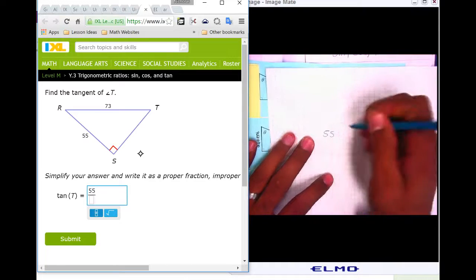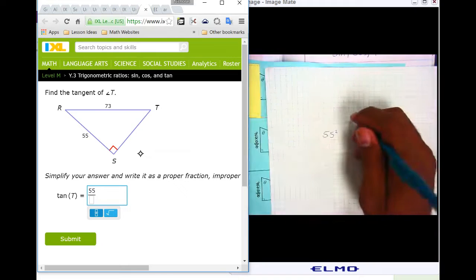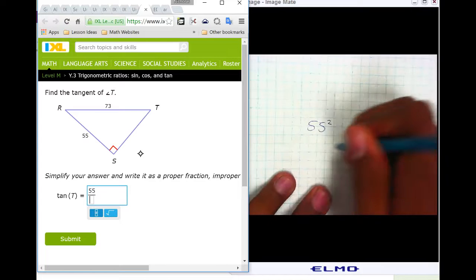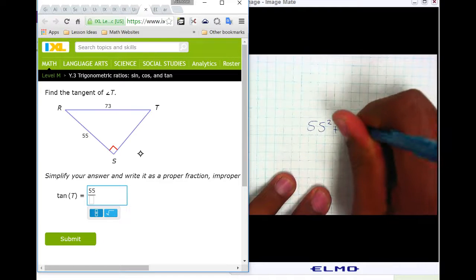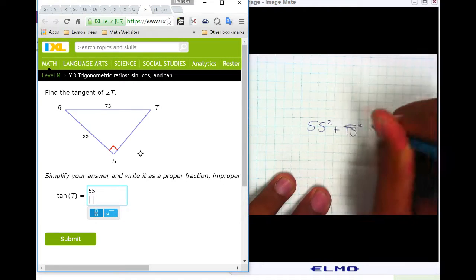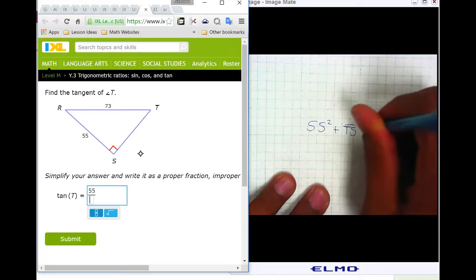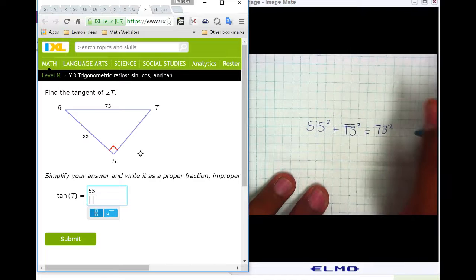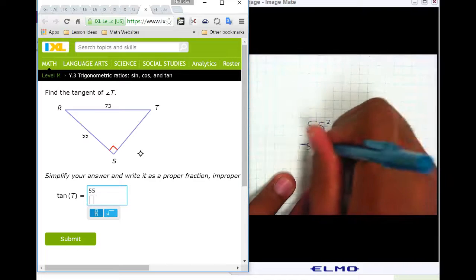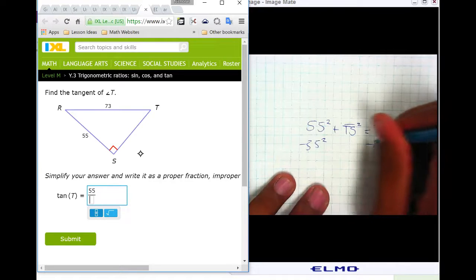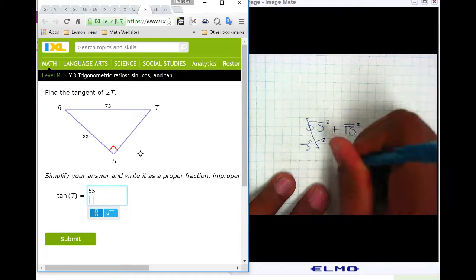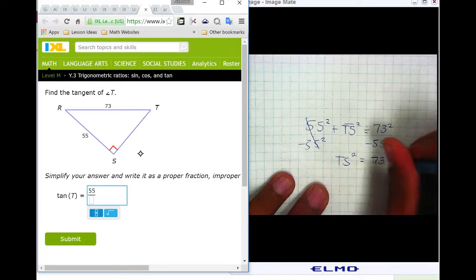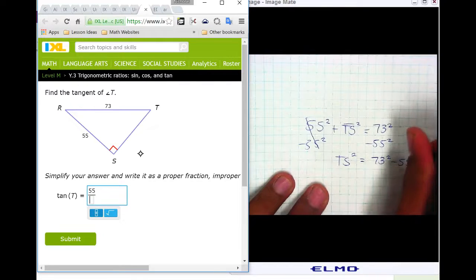I know that 55 squared plus, let's call this side TS, because that's the side between those two angles, equals 73 squared. Now I'll have to subtract 55 squared from both sides. So TS squared is equal to 73 squared minus 55 squared.